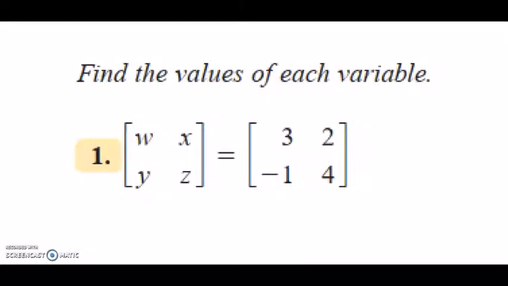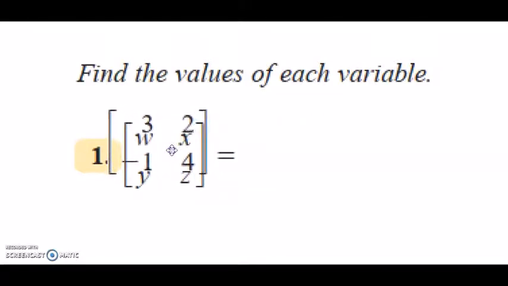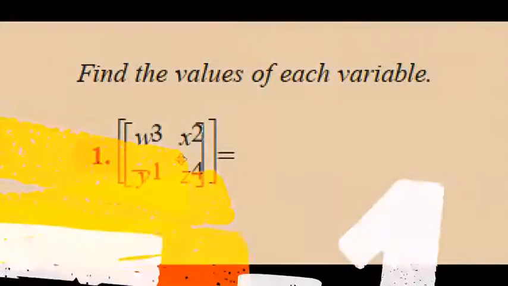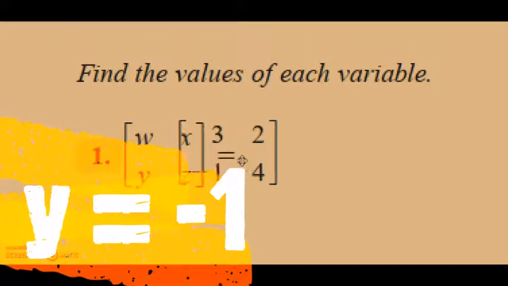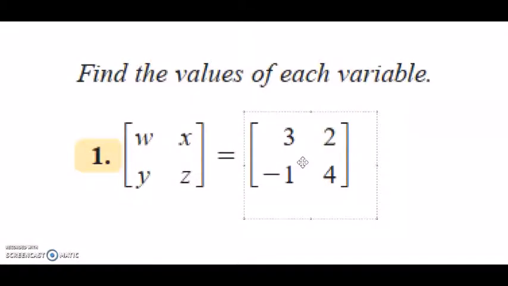So in example 1, we're asked to find the values of each variable. If I were to literally take this and superimpose it on this, we can see w equals 3, x equals 2, y equals 1, and z equals 4. That's actually what you're being asked to do.